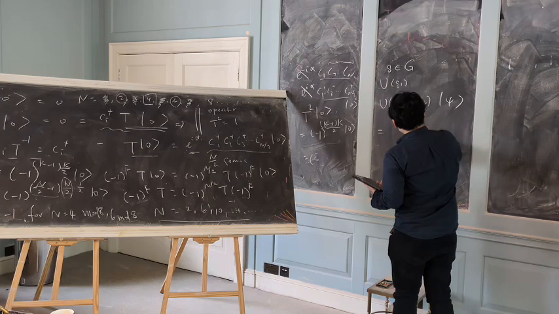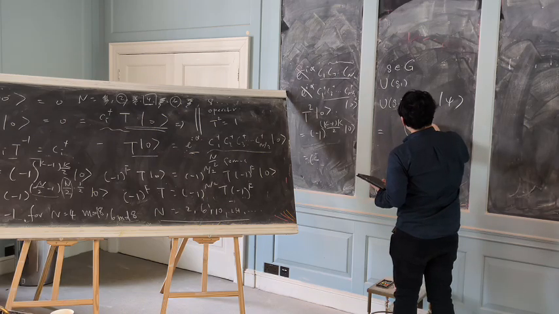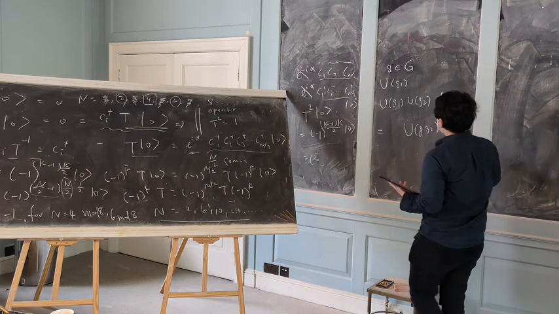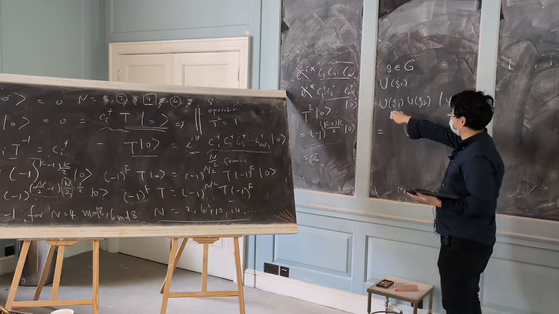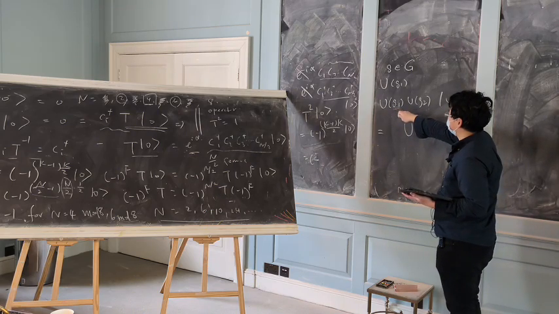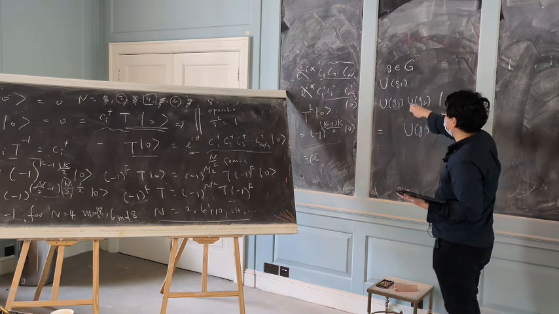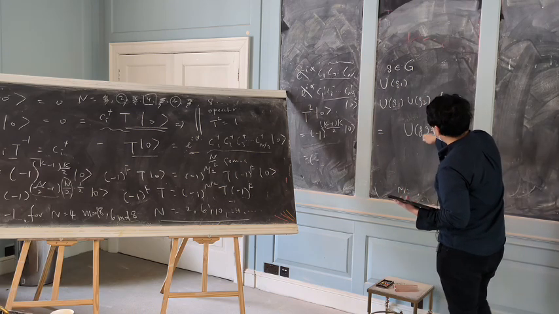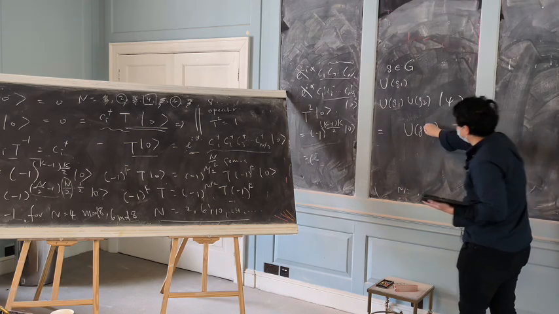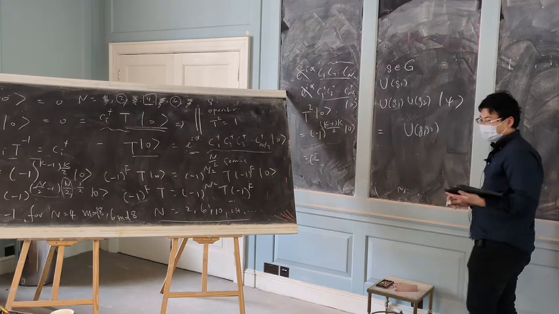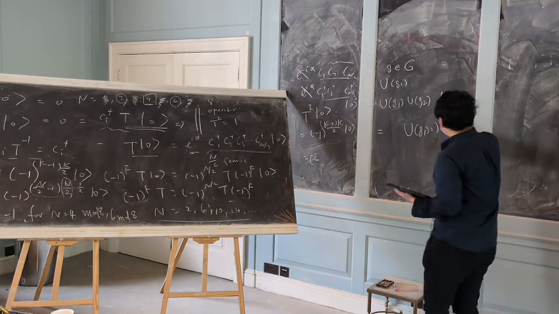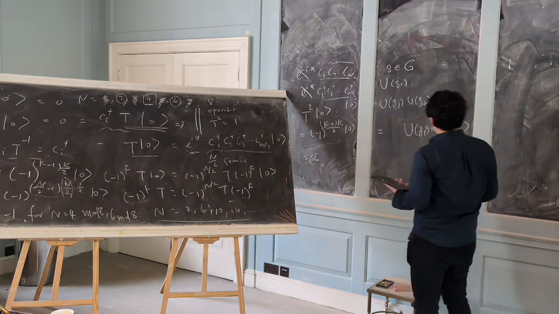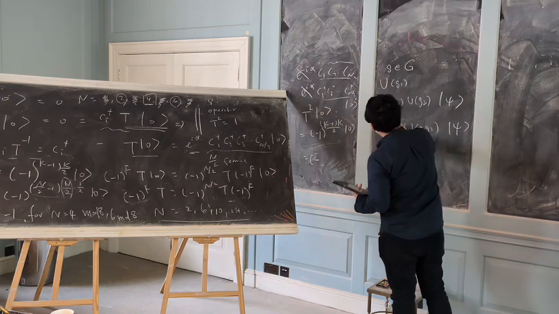It does not obey the group multiplication law. The group multiplication law tells you that if you multiply the operator that generates the symmetry for element G1 and the operator that generates the symmetry for G2, you should get the operator that generates the symmetry for their product G1 G2. Okay, but because in quantum mechanics you can only define a state up to a phase, in general there can be a phase here.